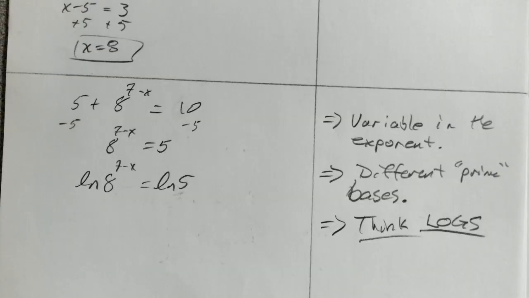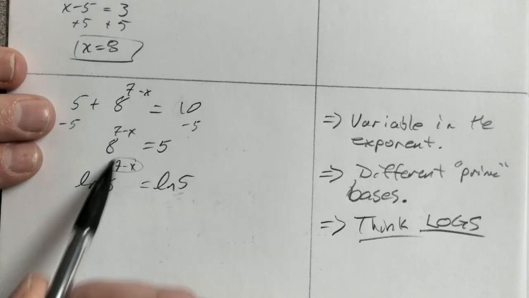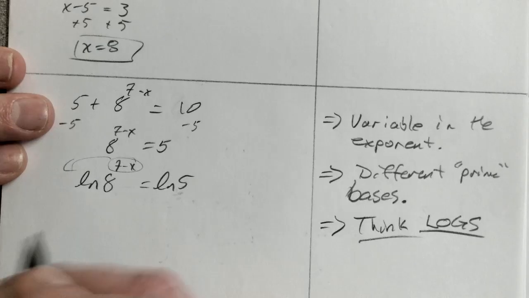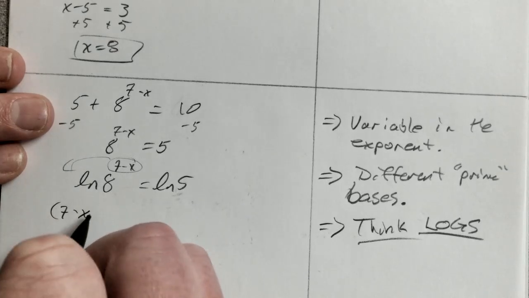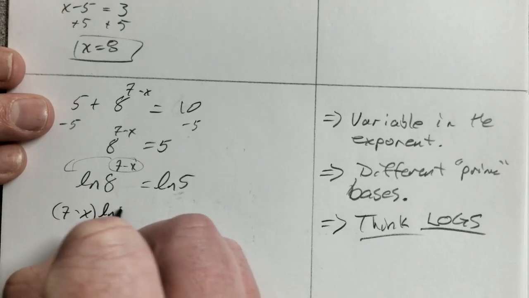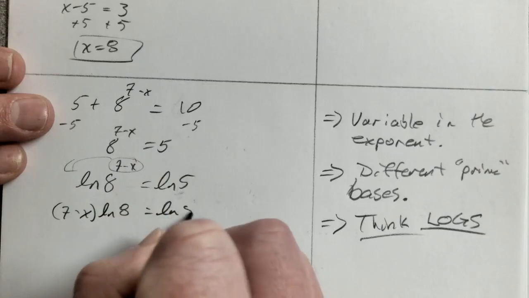So here we're looking at the natural log of 8 raised to the 7 minus x power, and it's equal to the natural log of 5. Property number 3 on logarithms says the exponent comes out front. So I get 7 minus x times the natural log of 8 equals the natural log of 5.